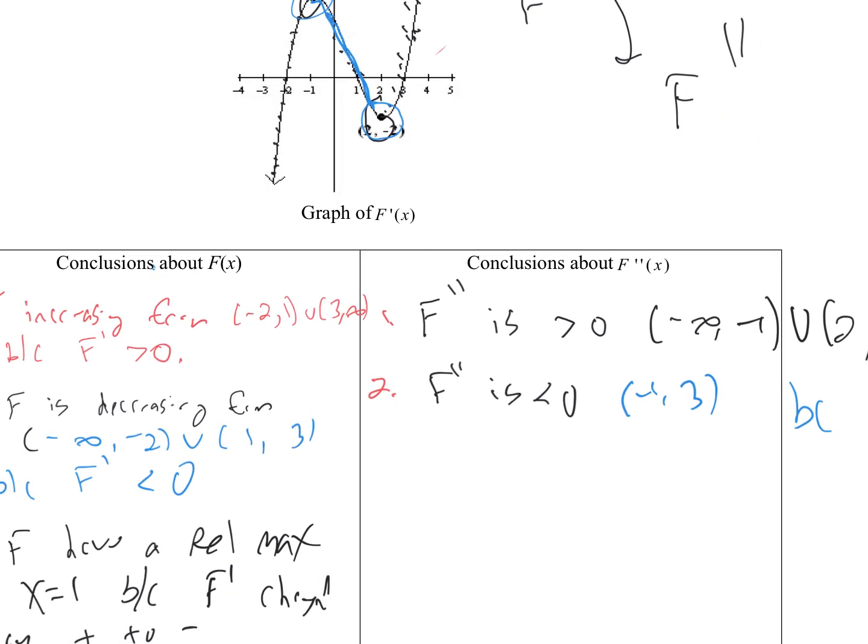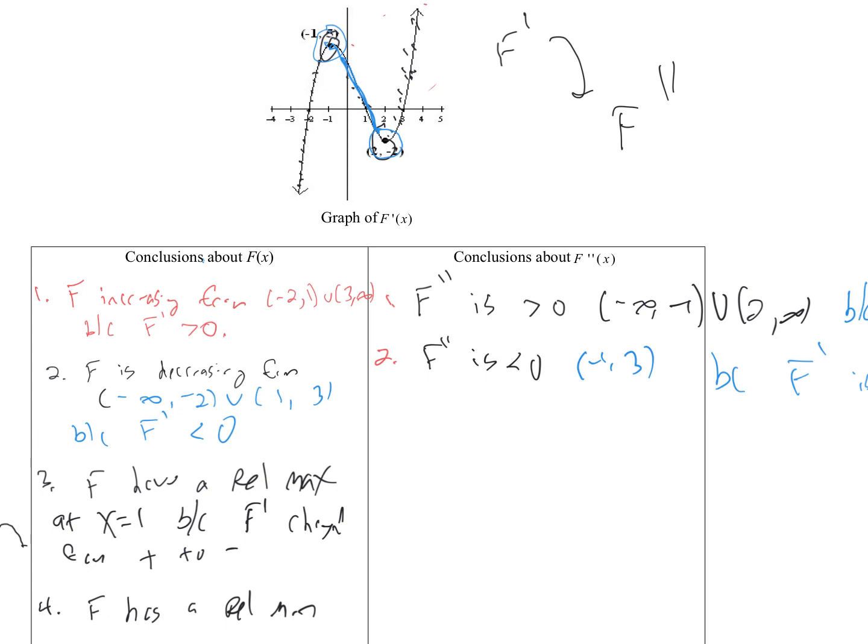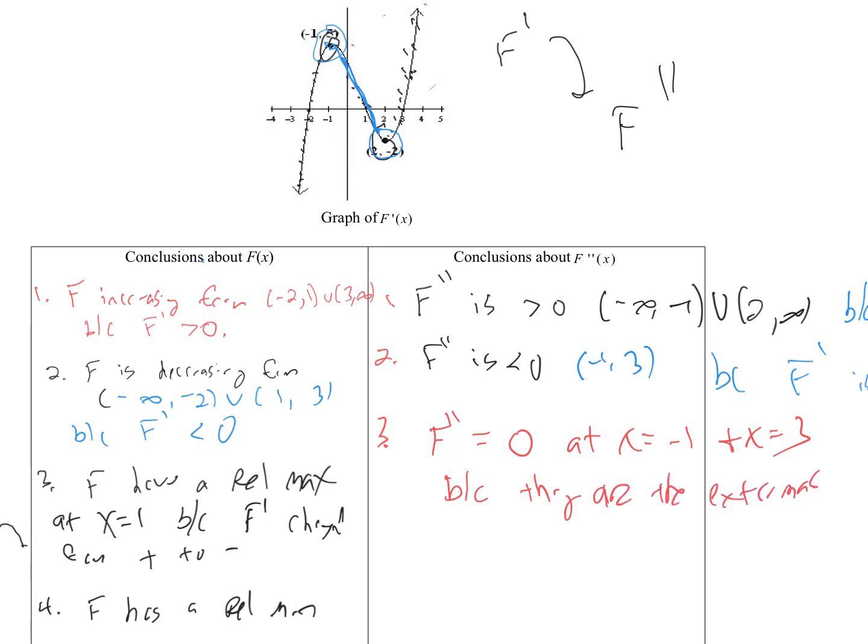So at those places, I can actually tell you that a third point, f double prime, is equal to 0 at x equals negative 1 and x equals positive 3 because they are the extremas of the first derivative.